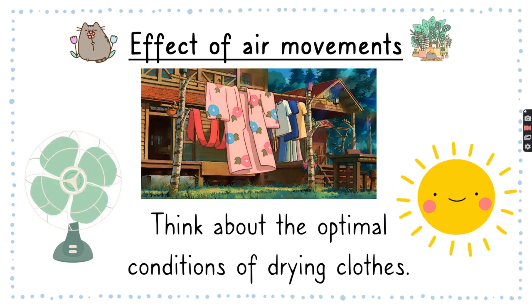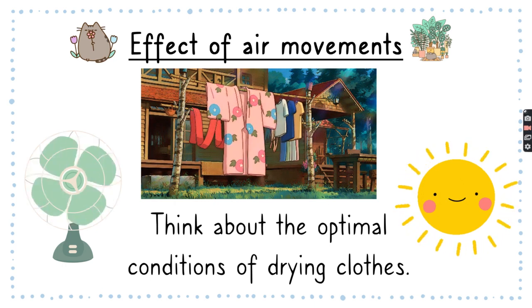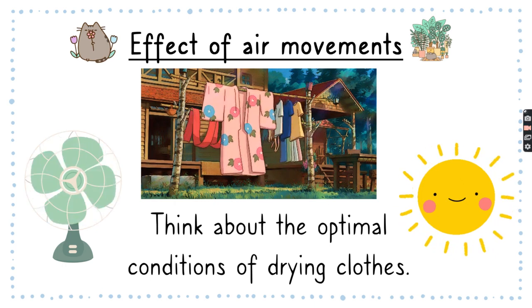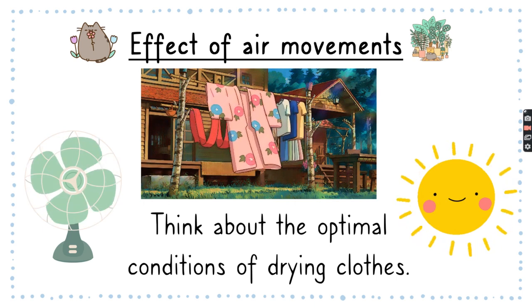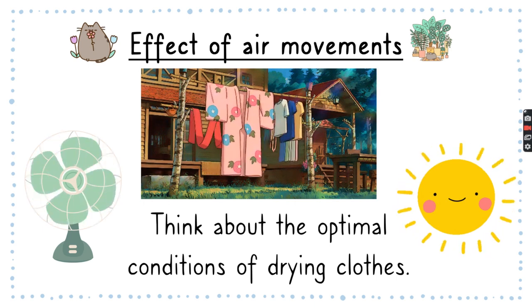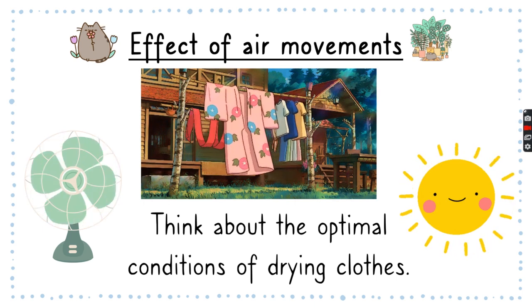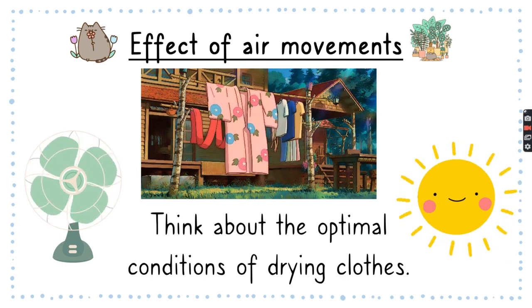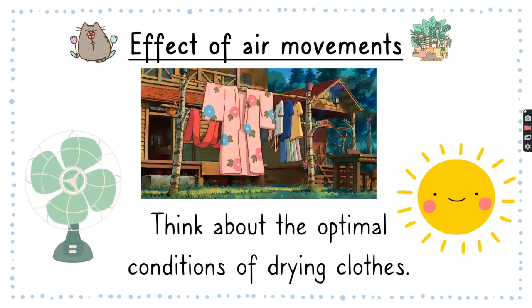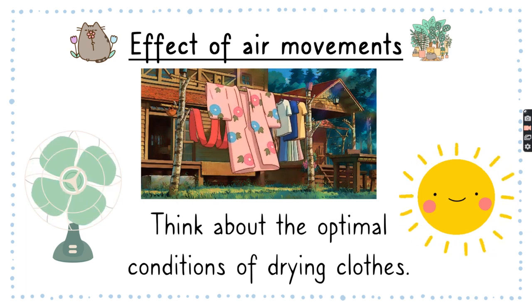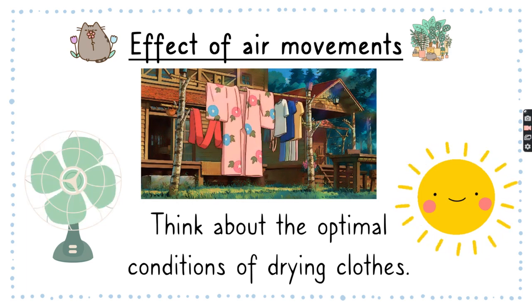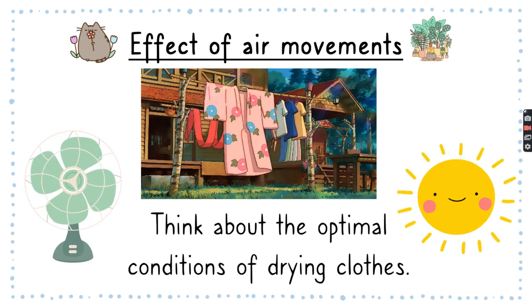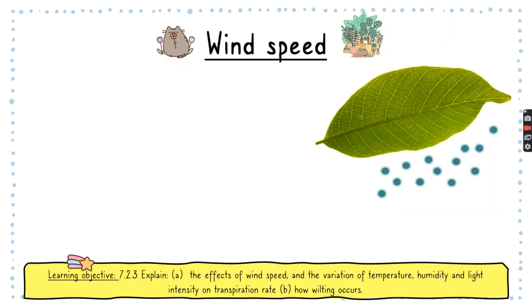They don't do that magically, but it has to do with the evaporation of water that is on your clothes, and then it evaporates, and finally the clothes become dry. So this is essentially something similar to the effects of air movement and maybe temperature on transpiration.